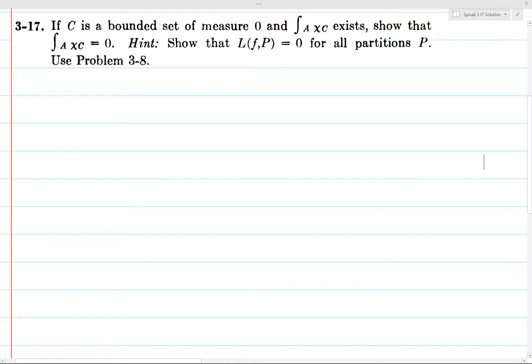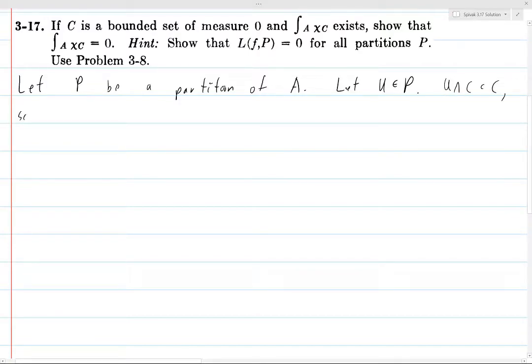So we want to prove, as the hint suggests, that the lower sum is 0 for any partition P. So let P be a partition of A, and choose any set U in this collection P of rectangles which cover the space A. All right, so U intersected with C is a subset of C, obviously.